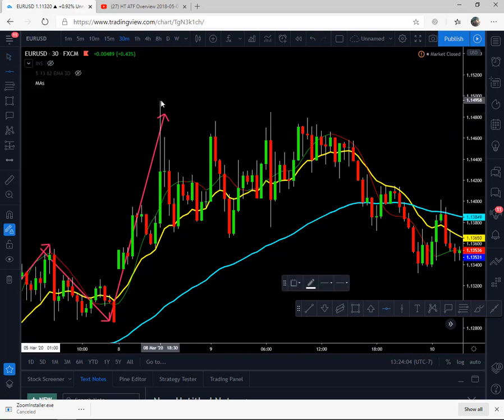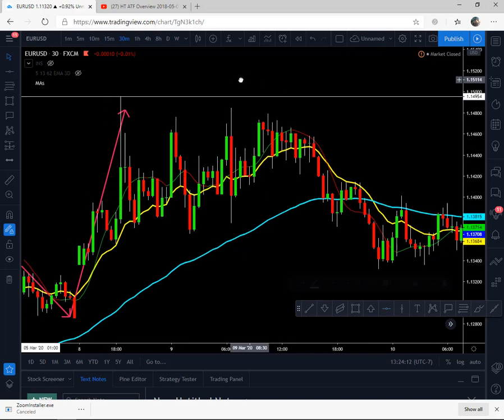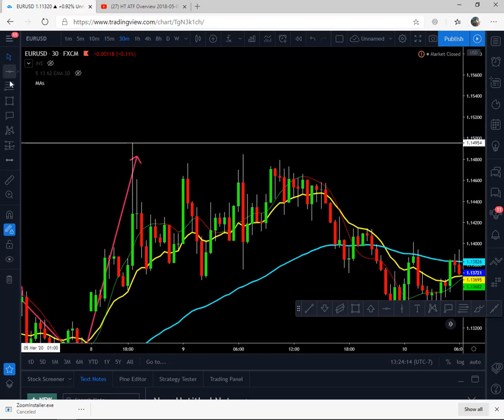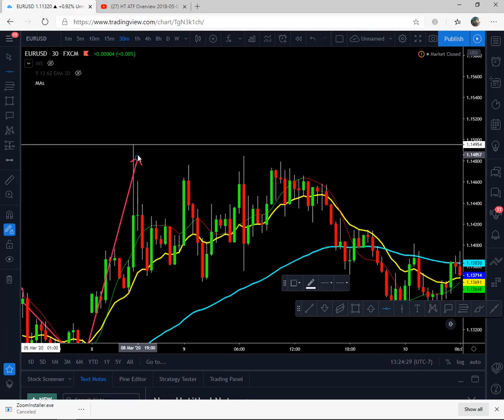So it seems like price eventually got in a price zone where there was resistance, and price couldn't go above this.